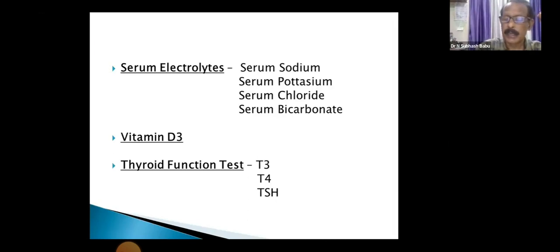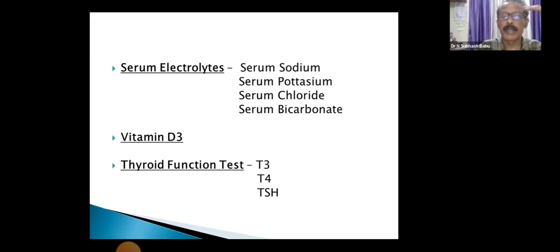For the TSH level, there is a protocol, an algorithm for the evaluation of thyroid disorder, hypothyroidism or subclinical hypothyroidism. The normal TSH level should be 0.4 to 4. And if the patient is reported with 4, then you have to repeat the values every 6 months.